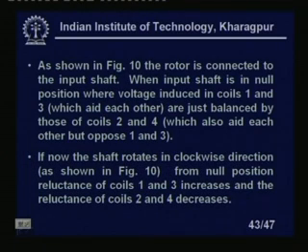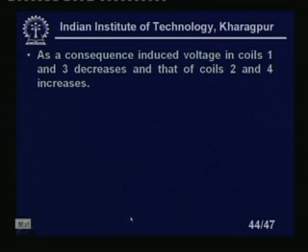If now the shaft rotates in a clockwise direction, as shown in figure 10, from the null position, reluctance of the coils 1 and 3 increases and reluctance of the coils 2 and 4 decreases. What will happen as a result? As a consequence, induced voltage in coils 1 and 3 decreases, because we have a large reluctance, and that of the coils 2 and 4 increases, because the reluctance has decreased.